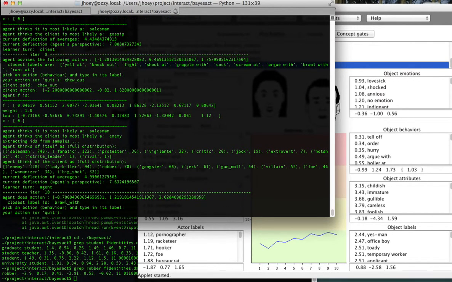And so we'll see that the bayesact agent has 128 samples that are closest to enemy, 94 that are closest to lady killer, and 70 that are closest to robber, which is the true identity. These other identities are all going to be fairly similar to the affective identity of robber. So we see that the bayesact agent has learned roughly what the affective identity is of Rita the robber.